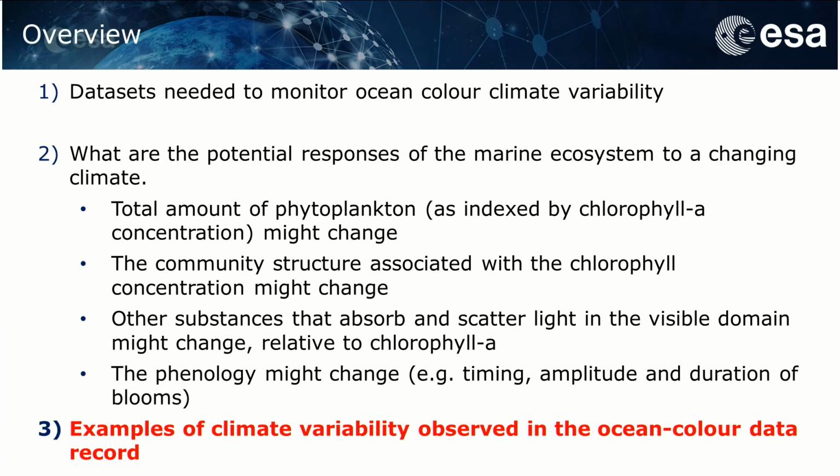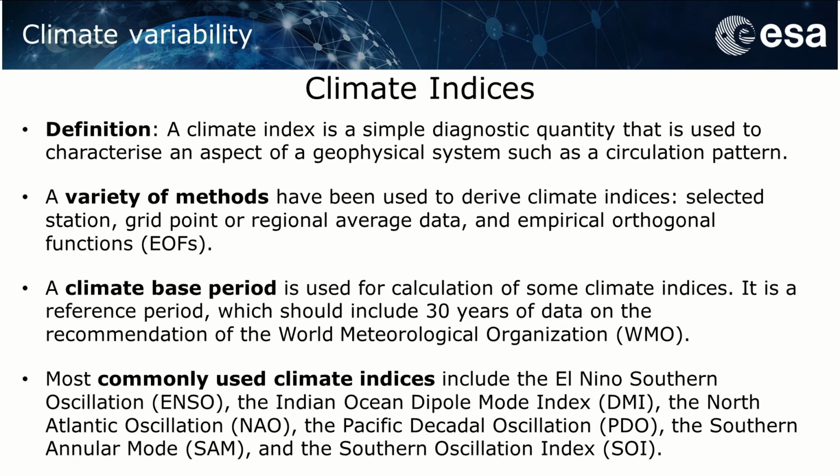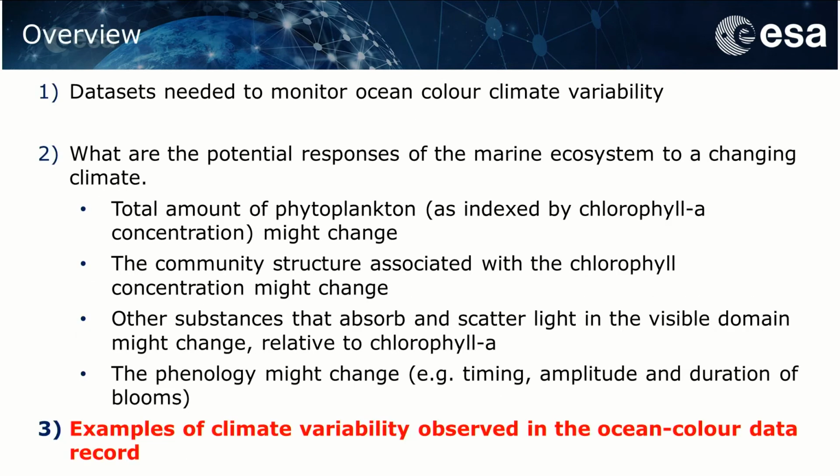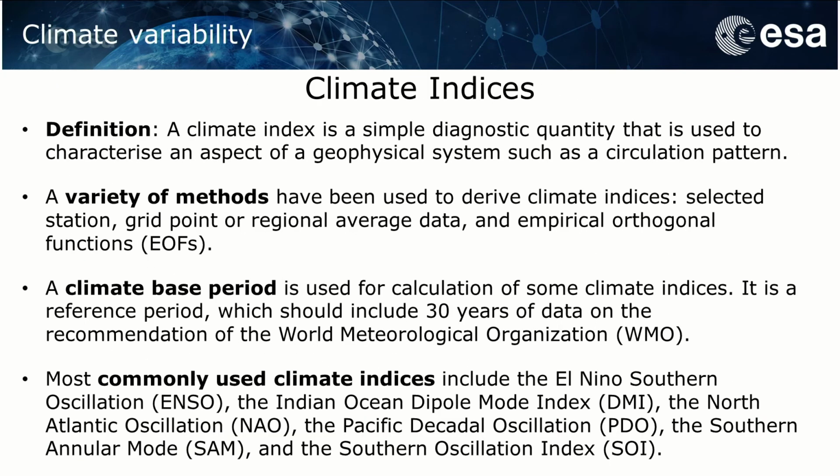Okay, so finally I'm going to go through some examples of climate variability observed in the ocean colour record. What we often use when we look at climate variability is climate indices. A climate index is a simple diagnostic quantity that is used to characterize an aspect of the geophysical system, such as a circulation pattern. There are a variety of methods to do this, from single points to regional averages, and using statistics like we heard a bit about earlier, empirical orthogonal functions and things like that, to define this climate index.